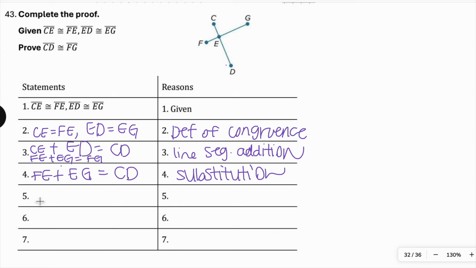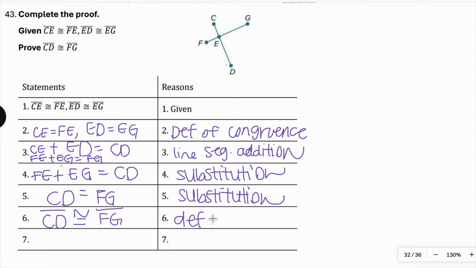And then substitute again, FE and EG are equal to FG. So CD is equal to FG, also using substitution. And then line CD congruent to line FG using definition of congruence.